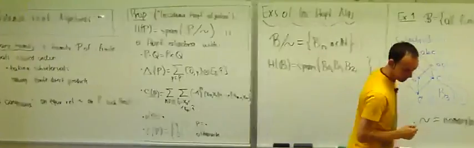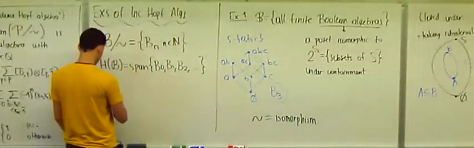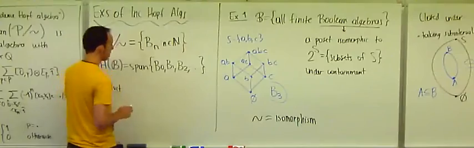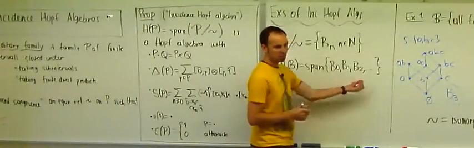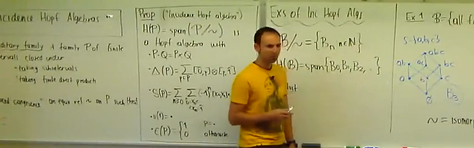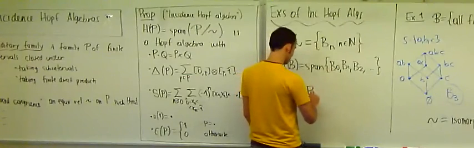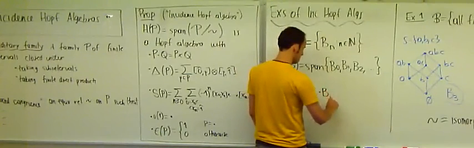Now, let's try to figure out what the product structure is. If we can find the product with respect to this basis, then we will know how to multiply any two elements. So let's take the product of b_i and b_j. What do we get when we do that?